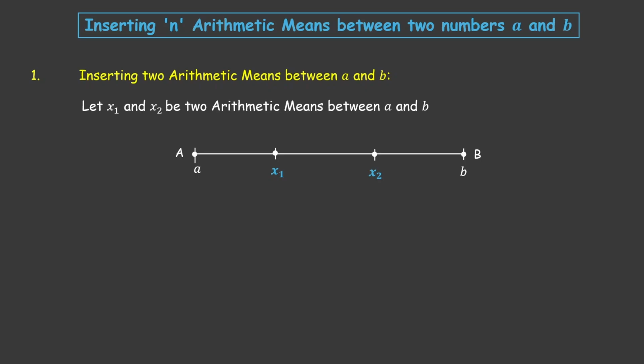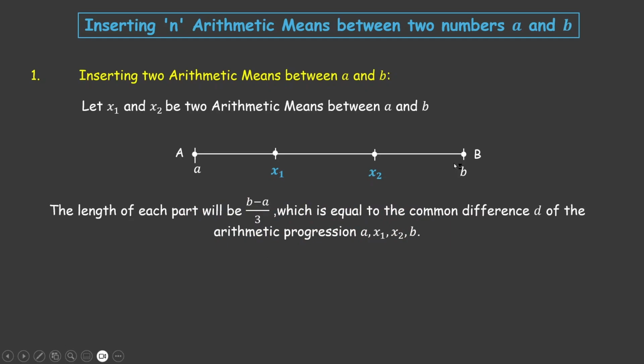Now, when there was one mean, each half of the line segment was represented by the distance (b - a)/2. Now here, the entire line segment is b minus a and it is divided into three equal parts. So the length of each part will be (b - a)/3, which is also equal to the common difference. So let us find the term x1. It will be given by a plus d, right?